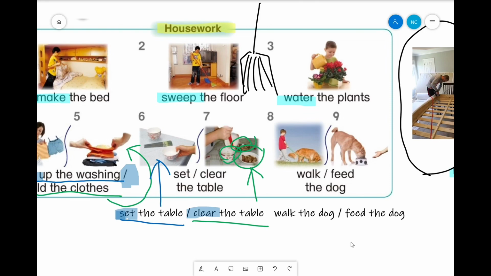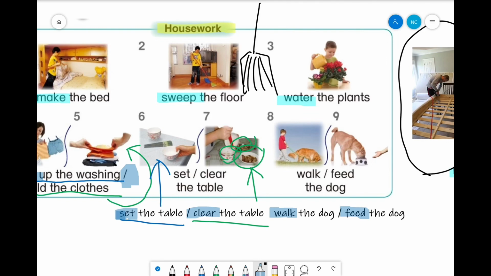So we can feed the dog, feed the baby, feed the cat, feed the goldfish. But you rarely hear people saying walk the goldfish. It's something that we normally do with a dog. So the action words here for these two phrases are walk and feed. These are the things that you do to the dog.